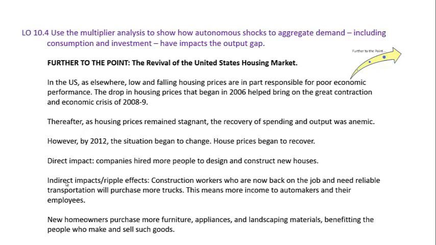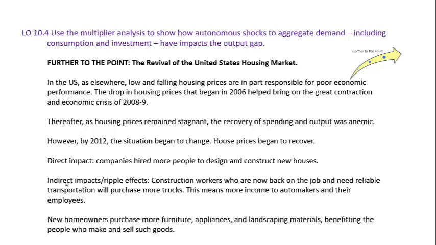So we think about the construction workers who are now back on the job. They need reliable transportation, so they're going to purchase more trucks. That means there's going to be more income to automakers and to the employees of automakers, who in turn are going to spend more. Also, when people buy these new houses, the new homeowners are going to have to purchase furniture, appliances.